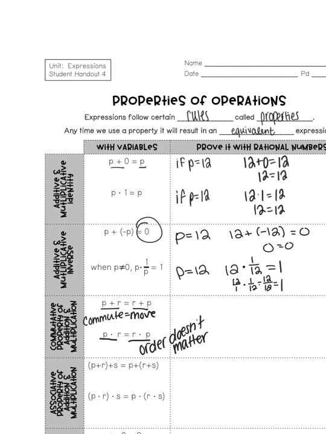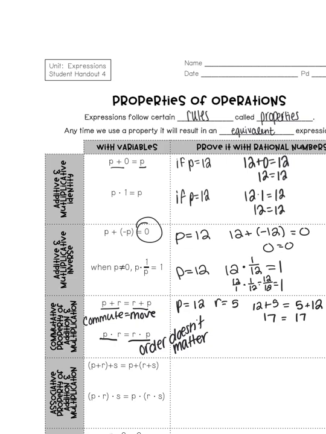To show, let's say that P equals 12 and R equals 5. So 12 plus 5 is the same thing as 5 plus 12. 12 plus 5 is 17. 5 plus 12, still 17.